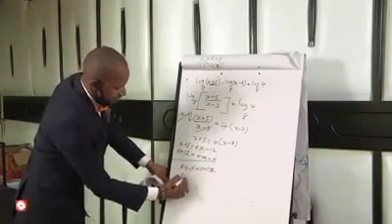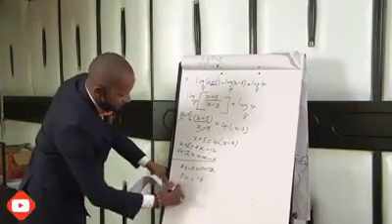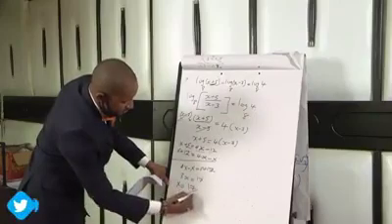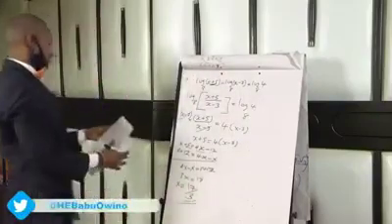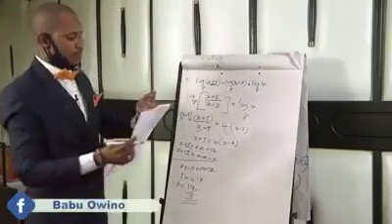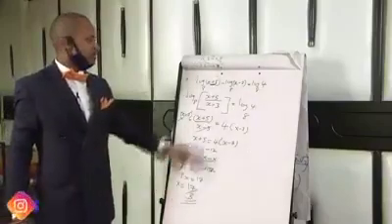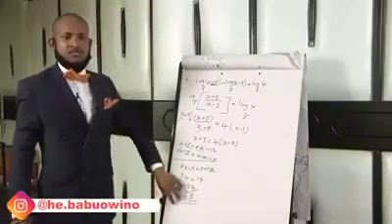So 4x minus x is 3x equals 5 plus 12 is 17. Therefore, x is equal to 17 divided by 3. That is the value of x. We've finished it because they wanted us to solve it without using a calculator. So the value of x from this equation is 17 over 3.